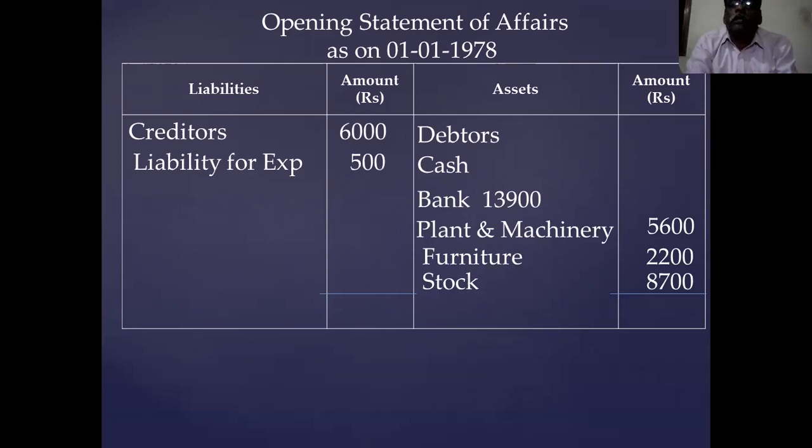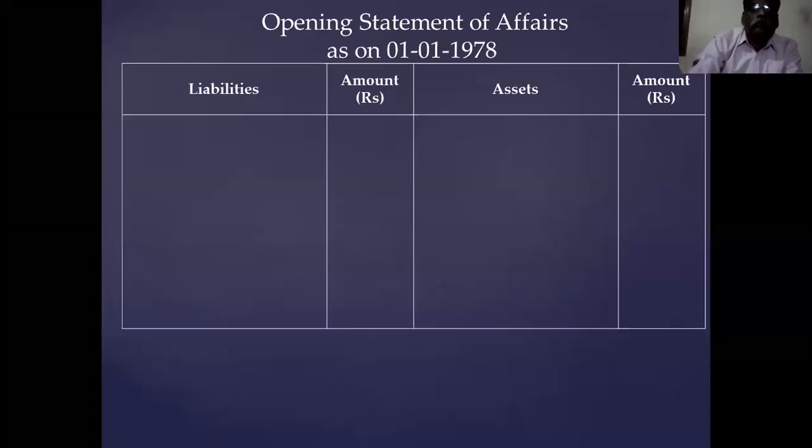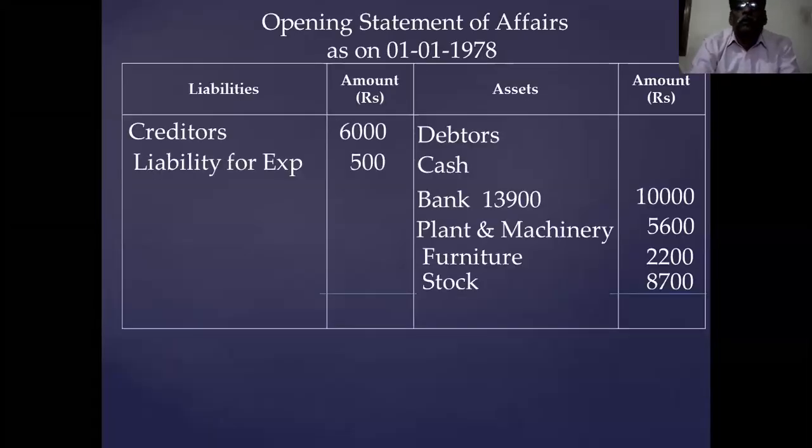These are the items under the statement of affairs. Three items are not given. We have to find these three.